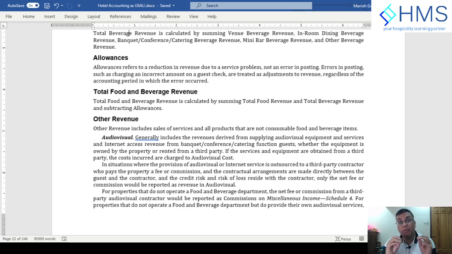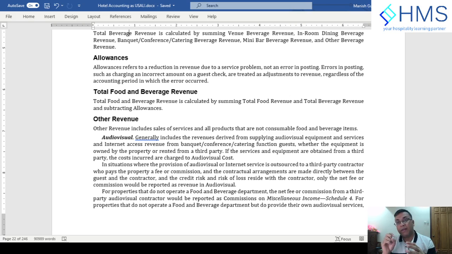The problem actually is in the service. So that's why the total revenue is recognized first, the total check, the total before giving any discounts, and then any discount or recovery or complimentary item is recorded as allowance.